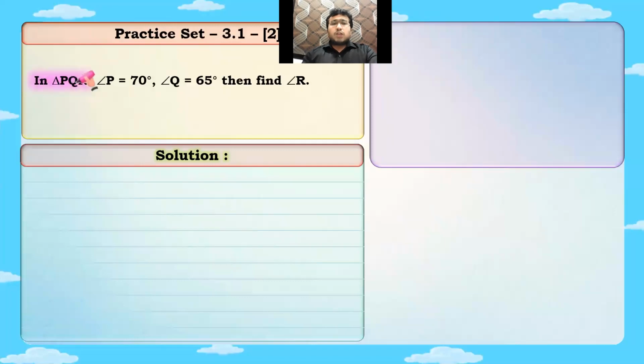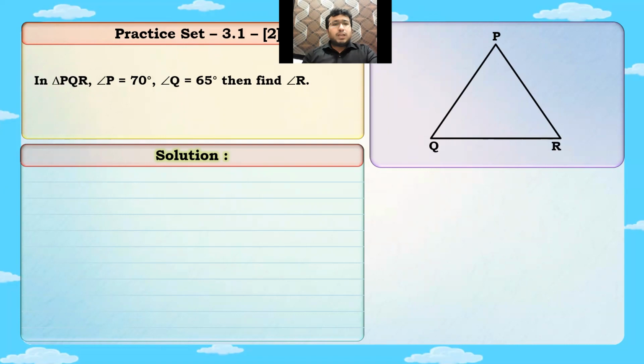The question says in triangle PQR, so we'll take triangle PQR. In this triangle PQR, measure angle P is 70°, measure angle Q is 65°, and we are supposed to find measure angle R. So students, in a triangle, we are given two angles and we are supposed to find the third angle.